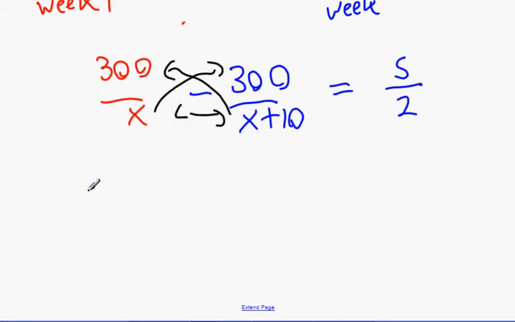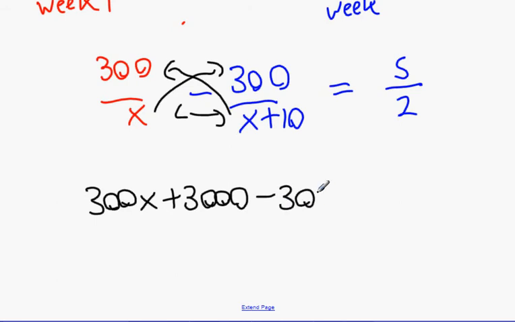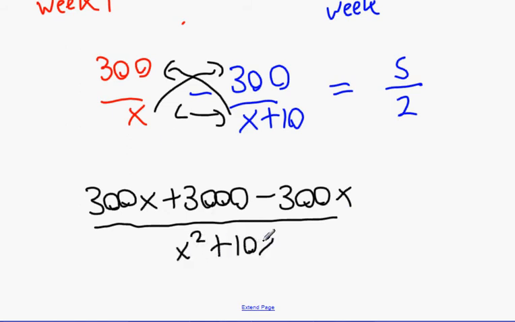So we're going to end up with 300 X plus 3000 minus 300X, divided by X multiplied by X plus 10, which is X squared plus 10X. This will all equal 5 over 2.